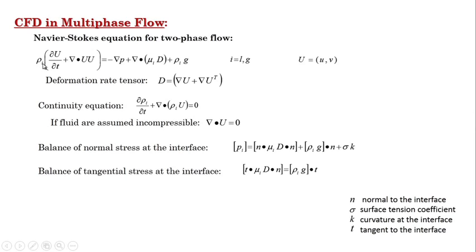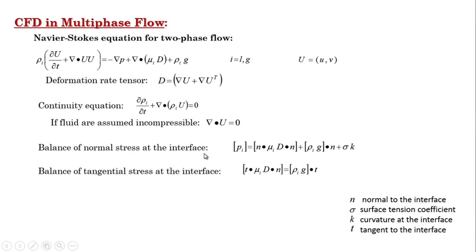This i stands for different phases, and this D is the deformation rate tensor. Here is the equation for the deformation rate tensor. Next is the continuity equation. This is also common for the whole domain. If the fluid is assumed incompressible, meaning rho is constant for a particular fluid, then this continuity equation will become this.